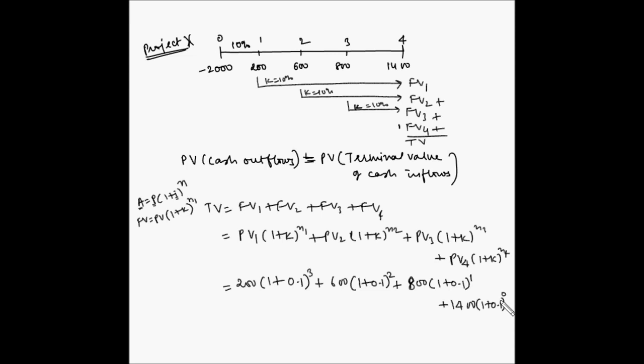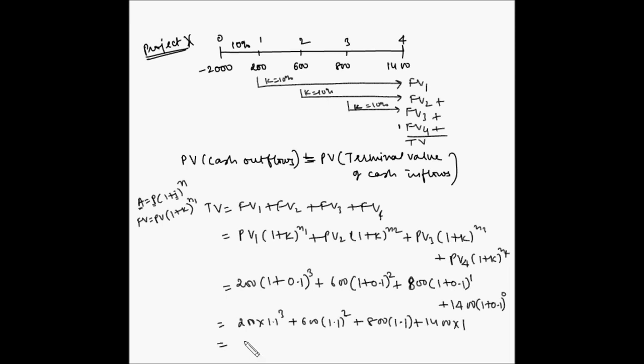So to the power 0. So this becomes 200 into 1.1 cube plus 600 into 1.1 square plus 800 into 1.1 plus 1400 into 1.1 to the power 0, which becomes 1.